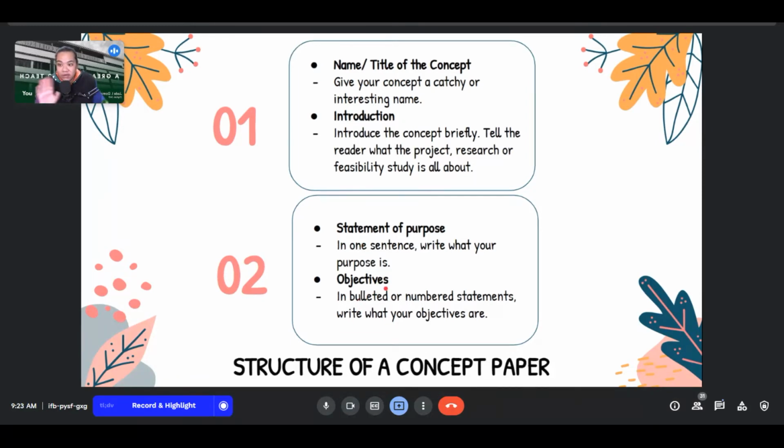The objectives are the specific objectives, the specific things you want to do with this concept. So, if our statement of purpose, the general purpose, is to determine the common causes of stress, our objectives can be, for example, to quantify the most common cause of stress, to quantify the least common cause of stress, to determine the cause of stress that has the most impact.